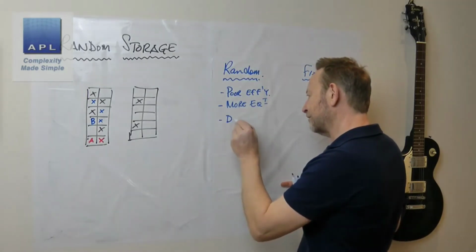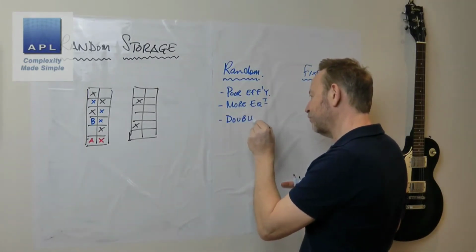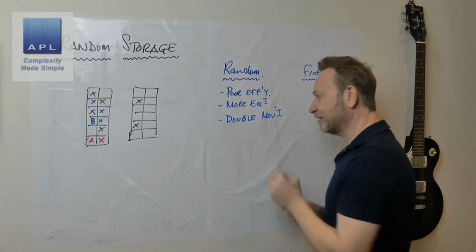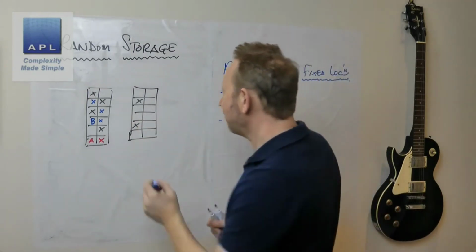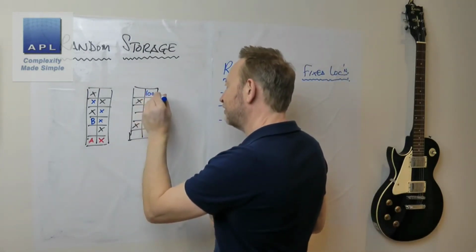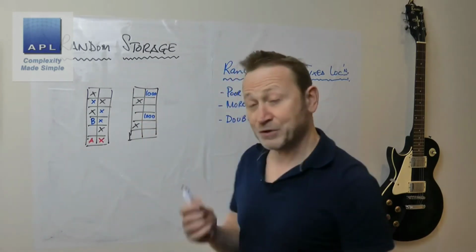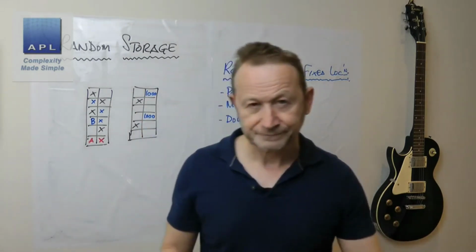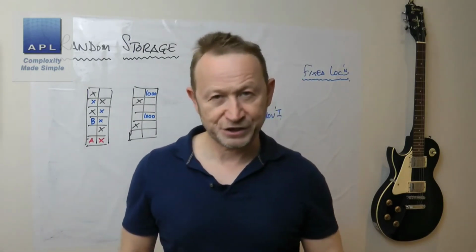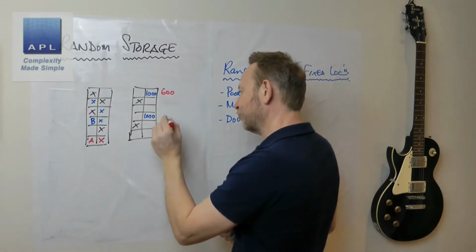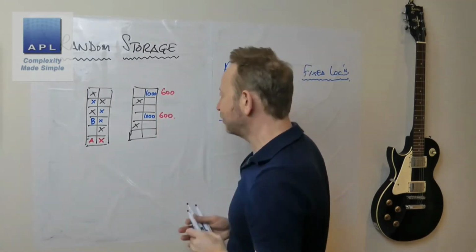You also get the double movements. This is another problem with this technique. You see, if you happen to put 1,000 in here, and then of course another pallet comes, so you put 1,000 there, and then you get 2 picks for 600. So this pick here is for 600, this pick here is for 600.